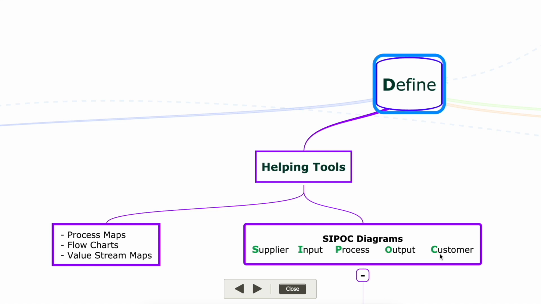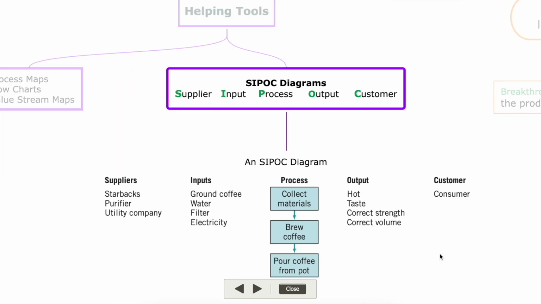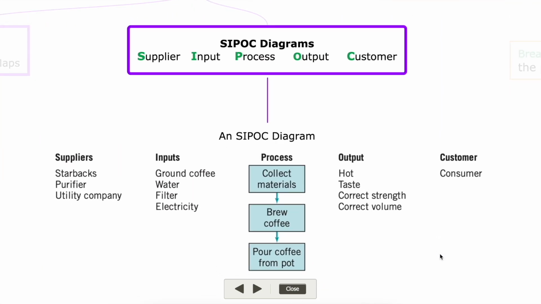An example of a SIPOC diagram is this, which is for a coffee company. The suppliers are Starbucks, a purifier, and a utility company, and the inputs that we get from these suppliers are ground coffee, water, filter, and electricity.